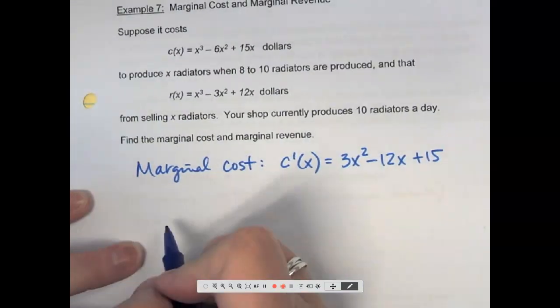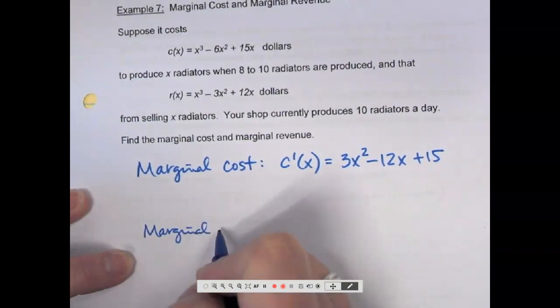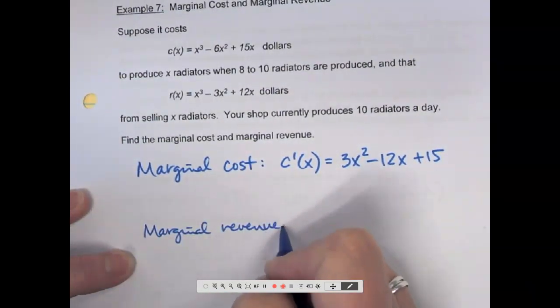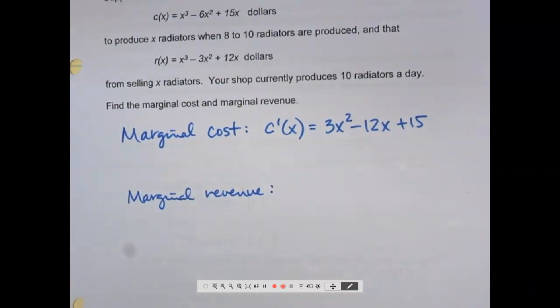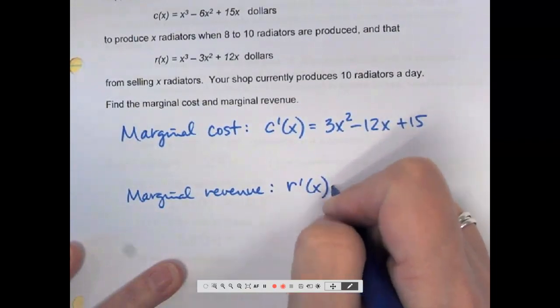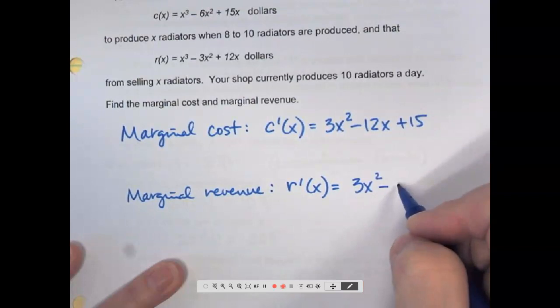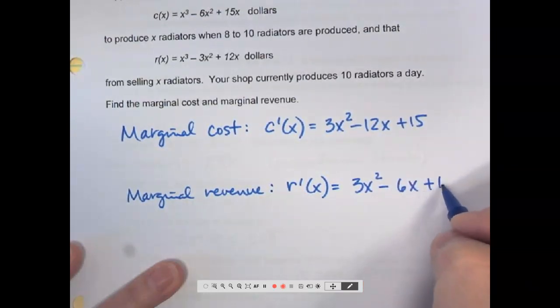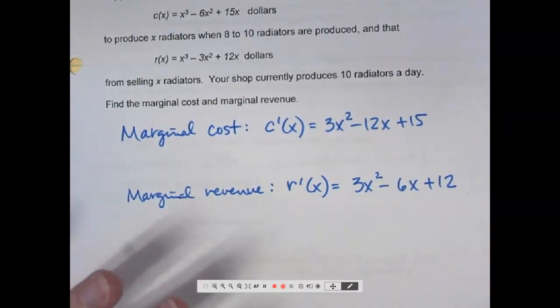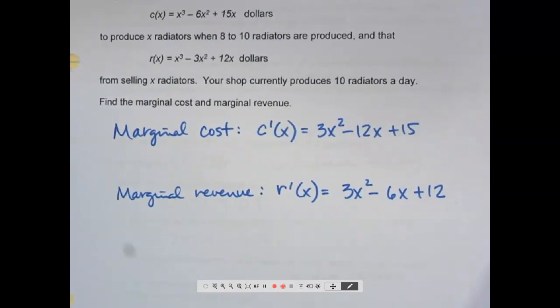Okay, let's find down here our marginal revenue. So this would be the rate that the revenue is changing, or R prime of x: 3x squared minus 6x plus 12. And that would also be revenue in dollars per radiator, because we're producing radiators.